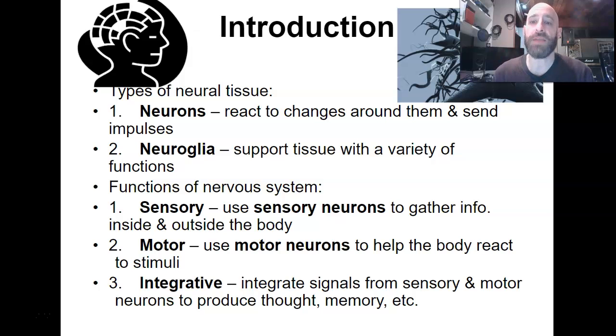This is where we take information from the sensory and motor neurons and produce things like thought, right? If I tell everybody to think of something right now, we can all do it. And that's an amazing thing. Creativity, to create something, memory, all these brain functions that we take for granted for the most part, are all done by our integrative neurons. So we have sensory, information in, motor, information out, and then the integrative is where that information gets processed.